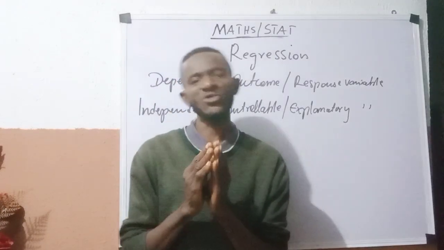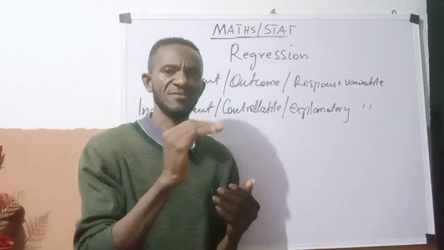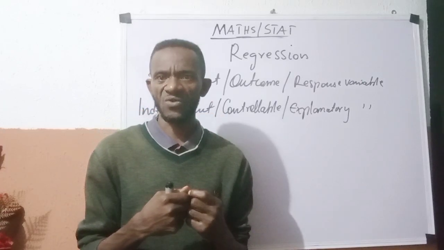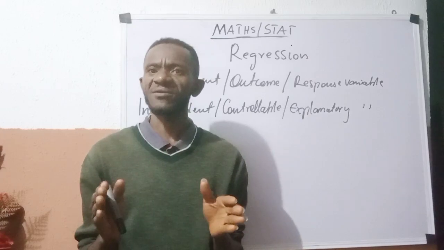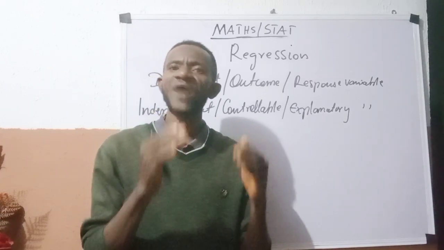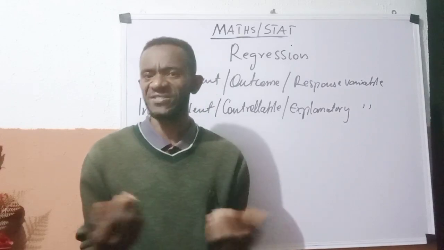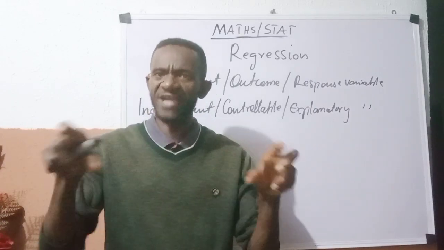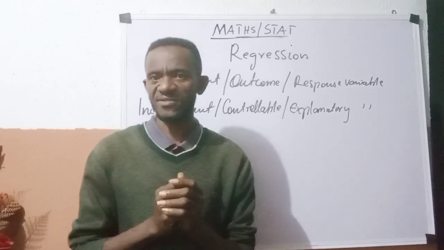Consider also a situation whereby you are looking at the performance of a student based on the person's intelligence quotient, number one, based on the number of hours of study of that student, and equally based on the kind of reading groups that that student has.